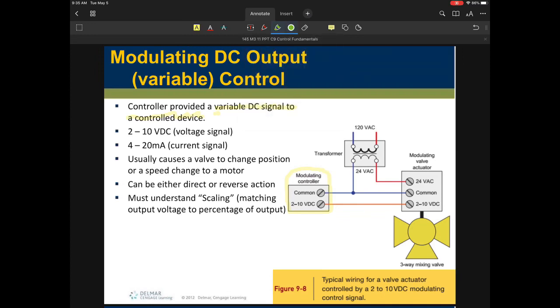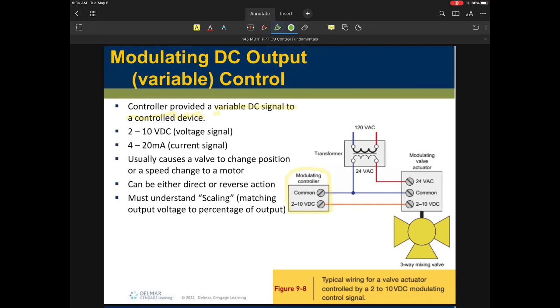Now, I just put a couple of examples down here, and one of the examples is an output signal out of a controller. So we're talking about a modulating controller that's right here. I'm circling this in that yellow. And that modulating controller will provide me a voltage of maybe 2 to 10 volts DC, or it could provide me an output of 4 to 20 milliamp as an example out of that device.